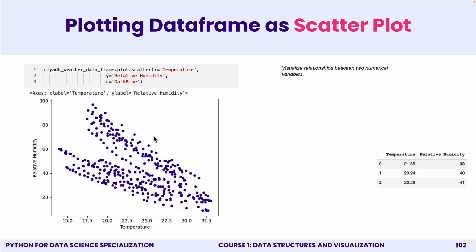There's a correlation between humidity and temperature. Does the correlation seem very high? Not that much, but negative. So we have negative correlation. It means when the temperature increases, the humidity will decrease. But it's not a very strong correlation because, as you can see, there is a widespread of the data points.